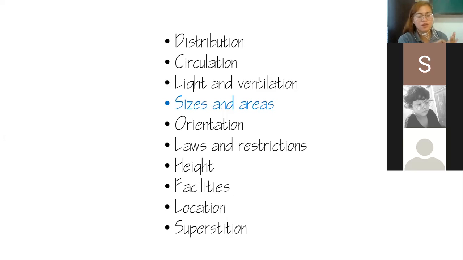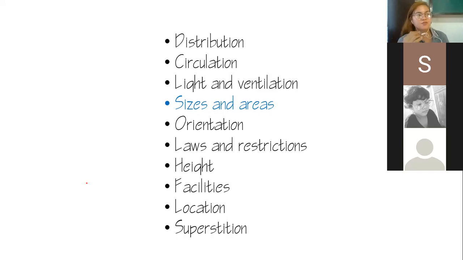So, for example, the minimum standard dimension of a habitable room or a bedroom is 2 meters by 3. The minimum dimension is 2 meters. So 2 by 3 is 6 square meters. That is what the National Building Code requires. But come to think of it, 2 by 3 is very small if you have a lot of things, right?